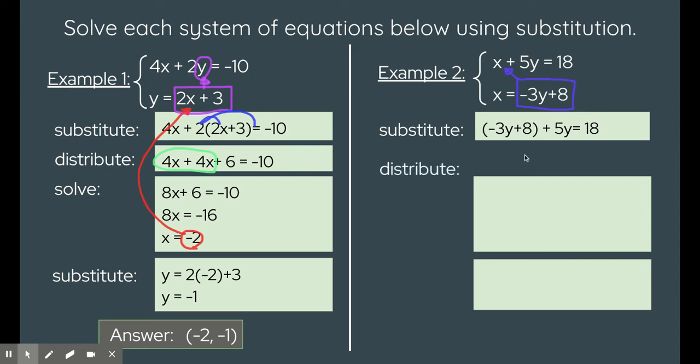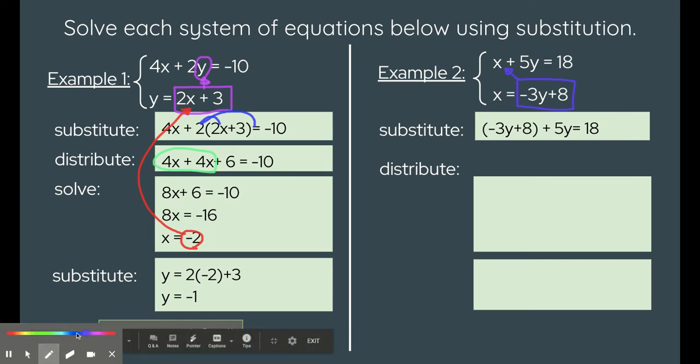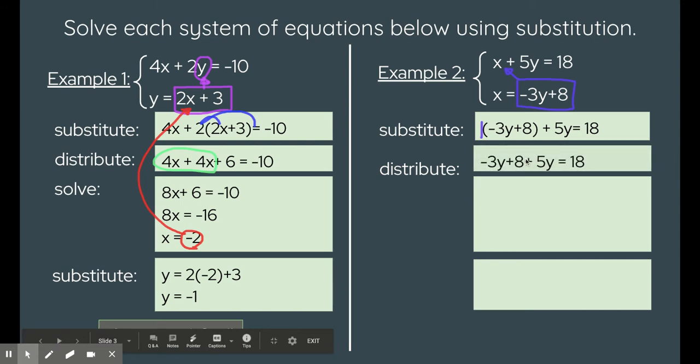Then we need to distribute. There is a 1 in front if you need to put it there, right here, so you can multiply everything by 1 if you want to. It's okay if you don't actually have something to distribute. Then I need to add together my y's.